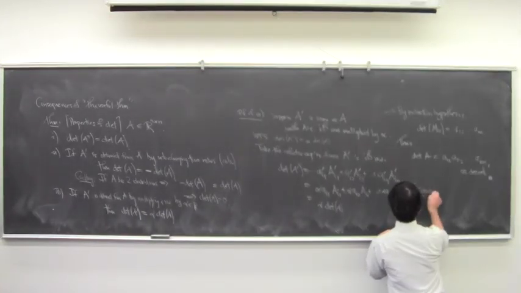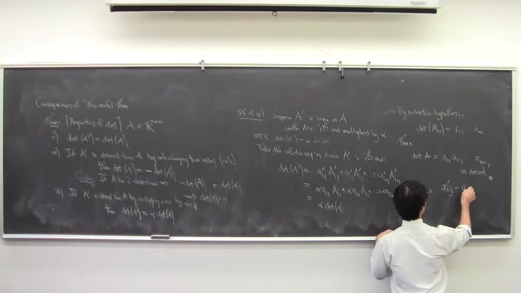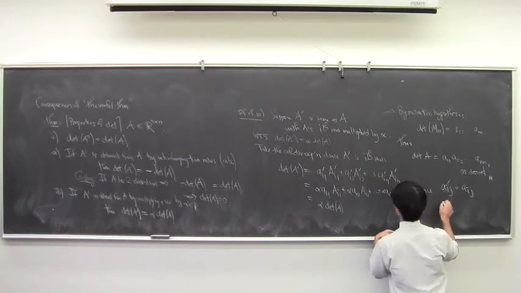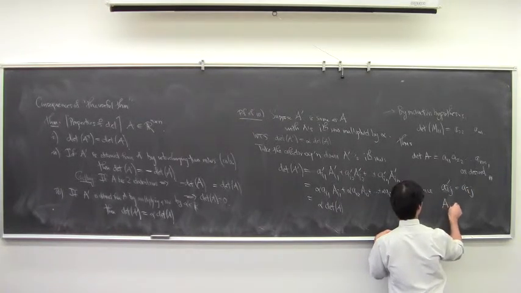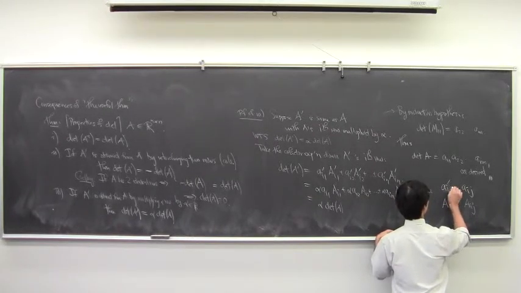So this is since Aij prime equals Aij, and since the cofactors are the same.